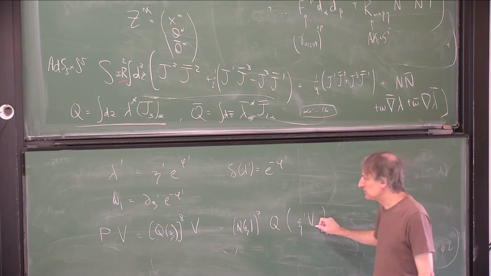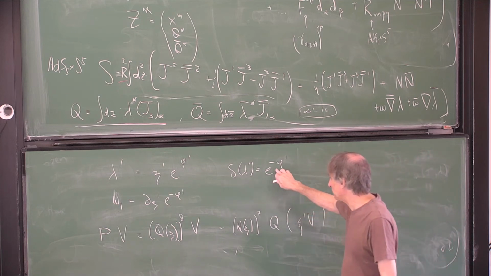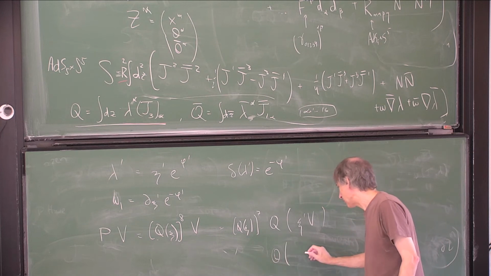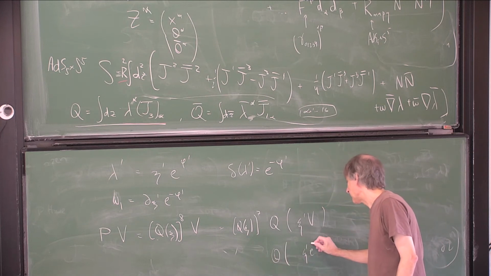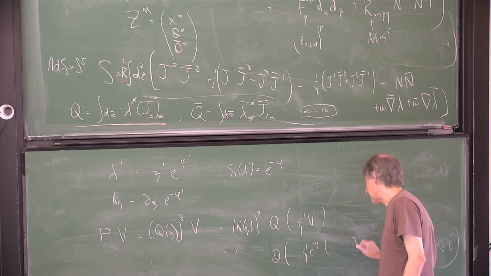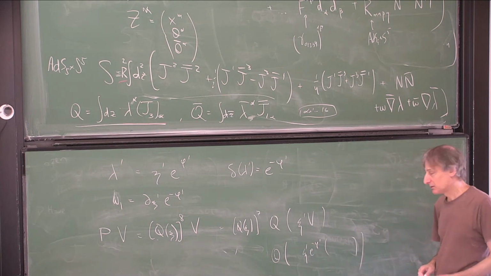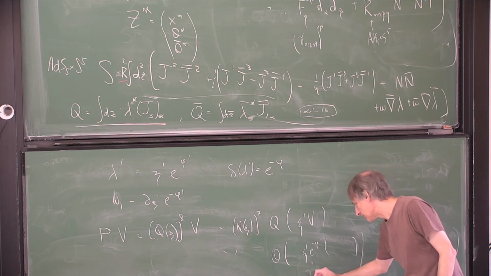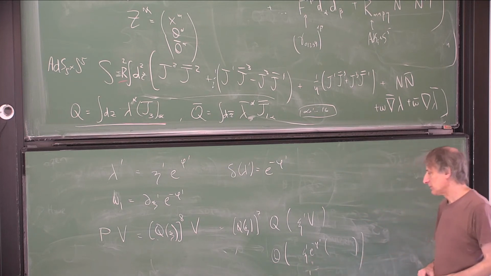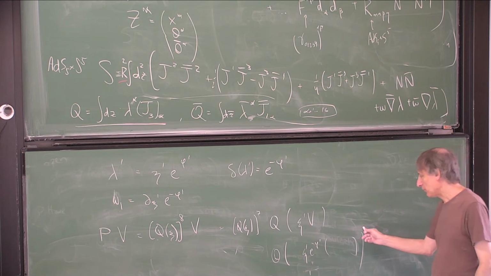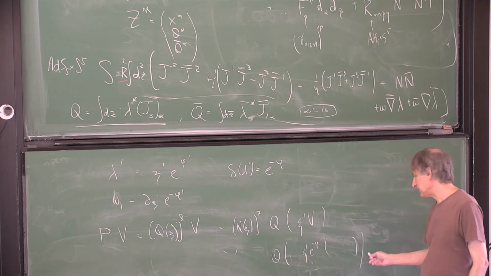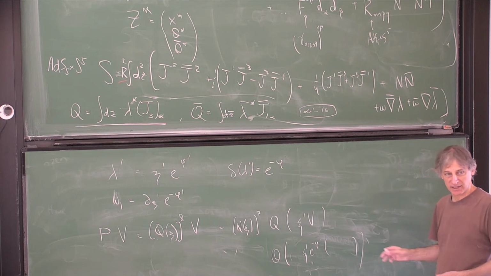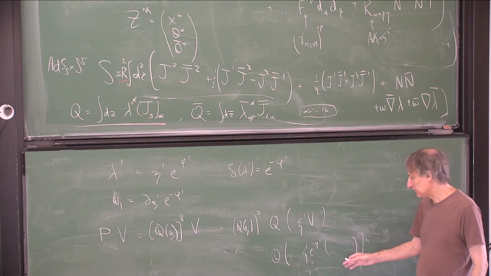And now you see, because V has a term proportional to e to the minus phi 1, this is going to be something like Q of X1 e to the minus phi 1 times other stuff. This object here is 1 over lambda 1. So now we know how Q acts on this. You've written it just in terms of the lambdas and the thetas, so we know how these things transform under BRST.